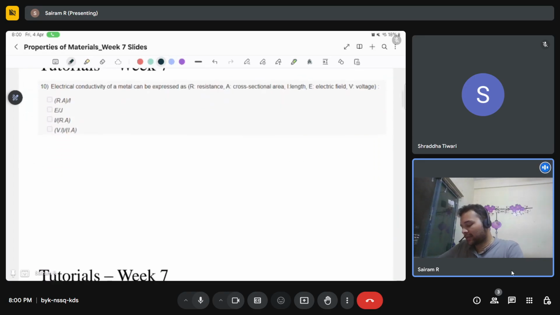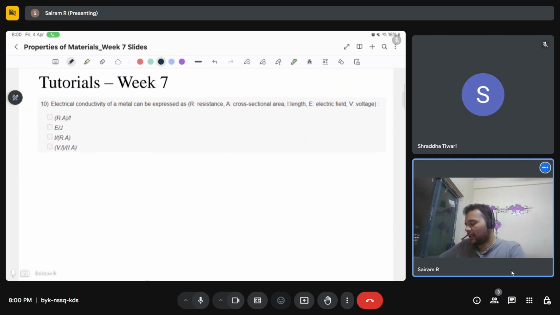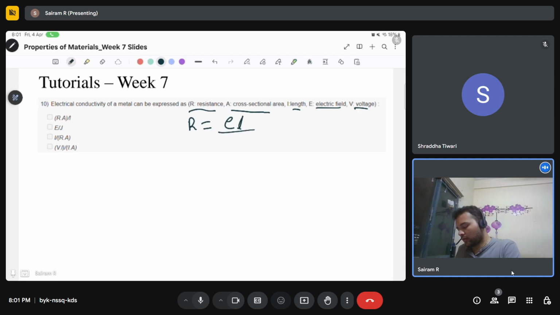Okay, the next question for this tutorial is: electrical conductivity of a metal can be expressed as, where R is resistance, A is cross-sectional area, L is length, E is electrical field, V is voltage. So we know that resistance R equals rho L by A, right?